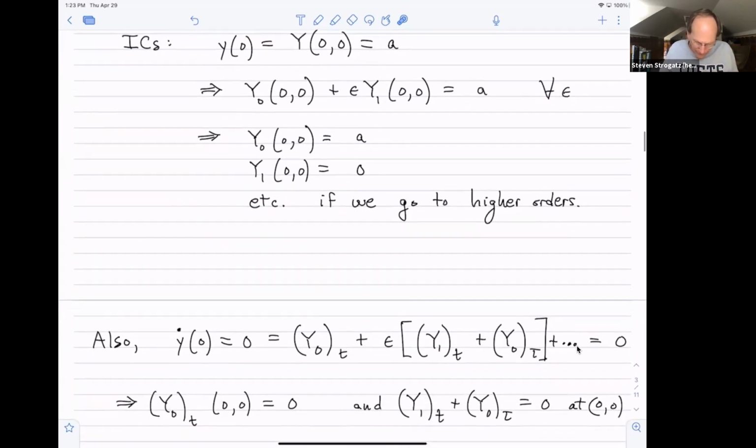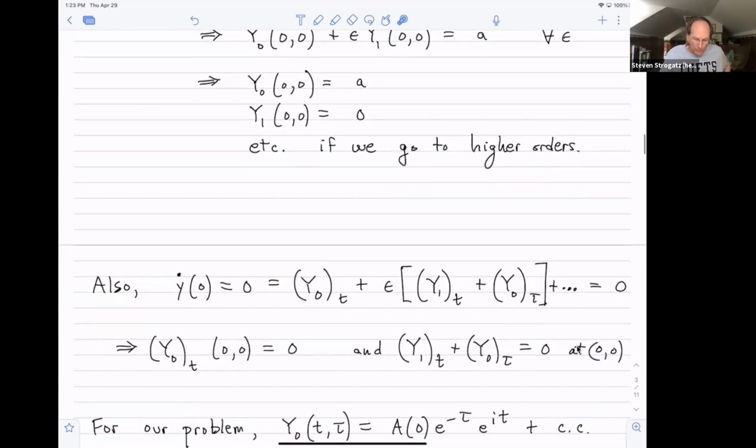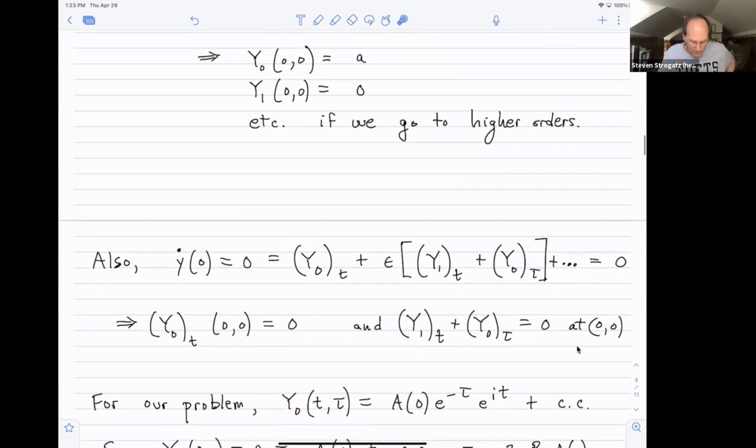Again, reading off the different powers of epsilon, we get that y0 sub t at 0, 0 has to be 0 for this to match. And since there's no epsilon stuff on this side, this term has to be 0 at time 0. So that's a fairly complicated way of writing the initial condition in this new framework, but that's the way it comes out. Fortunately, everything is pretty easy at this stage.